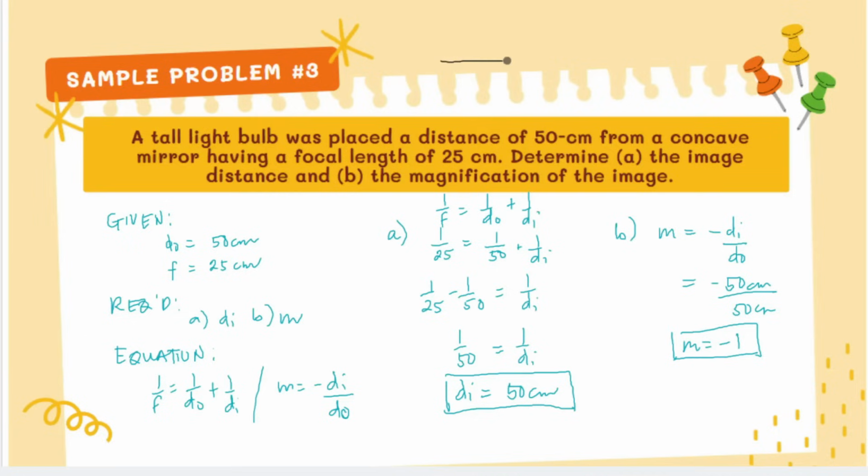So, pag drawing po natin yan, concave mirror. So, the light bulb was placed 50 centimeters from a concave mirror having a focal length of 25 centimeters. So, this would be 25. Your C would be 50. Kasi doble lang ni F, si C. Nilagay natin si light bulb 50 centimeters from the concave mirror.